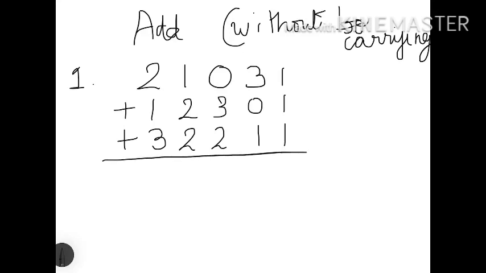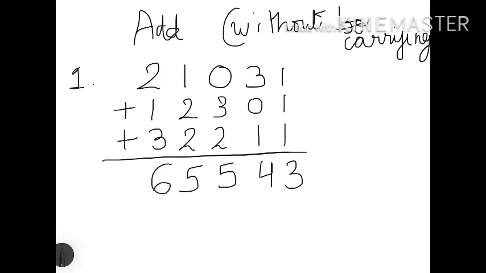Alright students, so when you add it, it will be 1 plus 1 plus 1, that is 3. First we'll begin with the ones place digit. Then 3 plus 1 is 4. Then 3 plus 2 is 5. Then 1 plus 2, that is 3. And then 2 plus 1 plus 3, that will be 6.